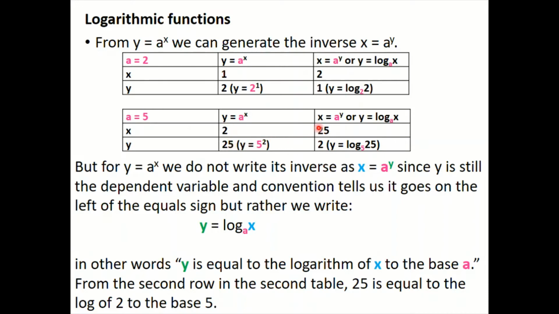Then for this function here, if you work it out with your log function, if we let x now equal 25, you will calculate a value of 2 for y. So again, we see for this exponential function, x is 2, y is 25, and then with the inverse, we have x equal to 25 and y equal to 2.